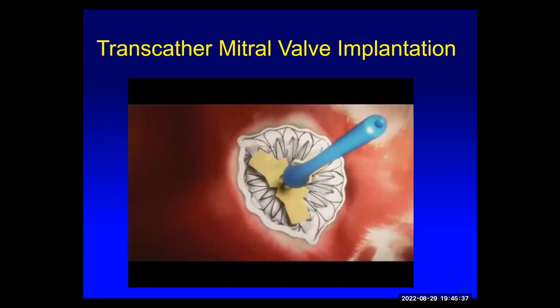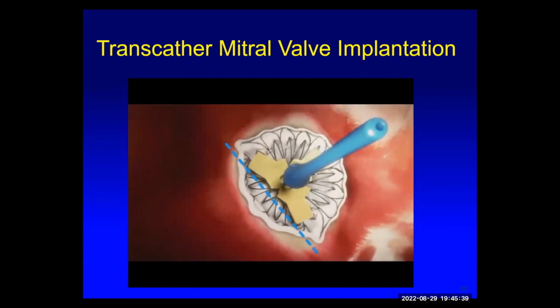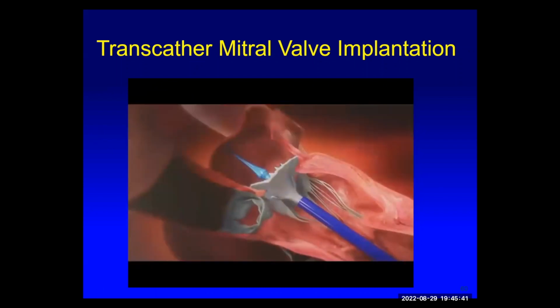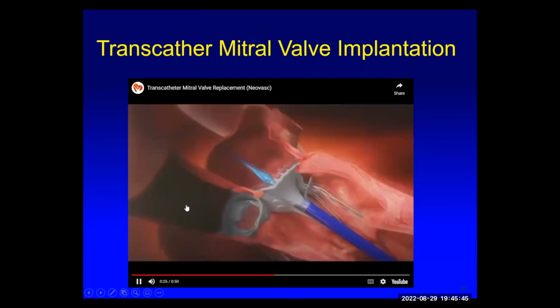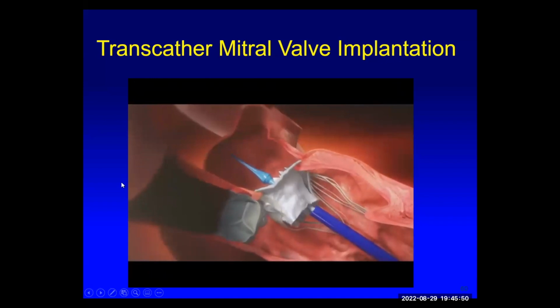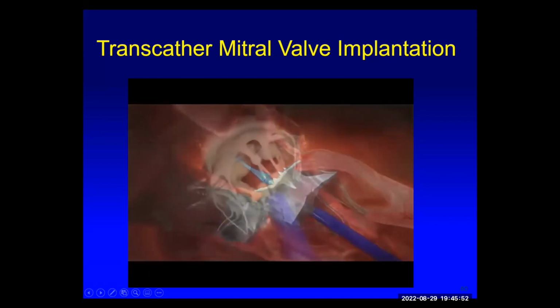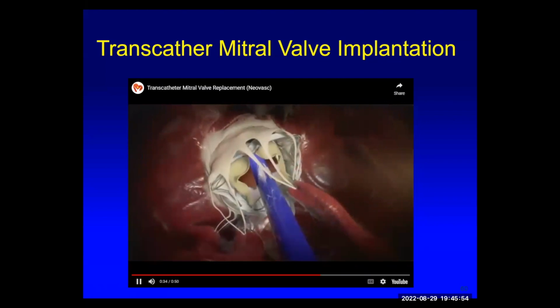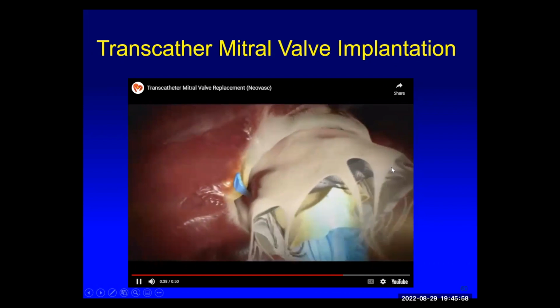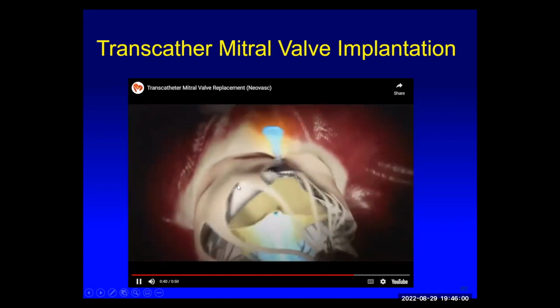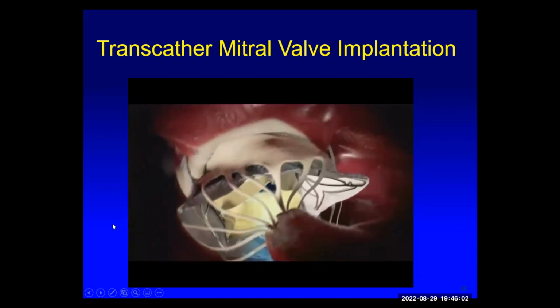It's a replacement, effectively, of the valve, keeping your own valve and putting this valve in place. Unfortunately, it has very, very limited indications for that. But this is how it works. You can see the new valve in place and the leaflet with the cords of the native valve just all over outside the previous valve.